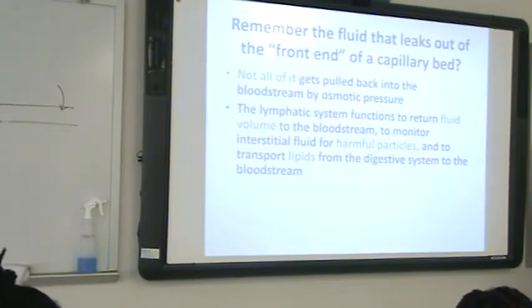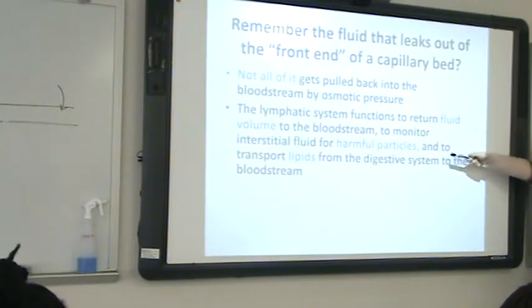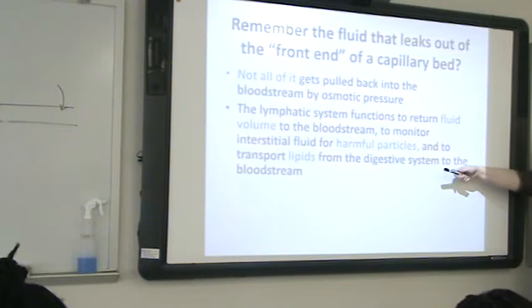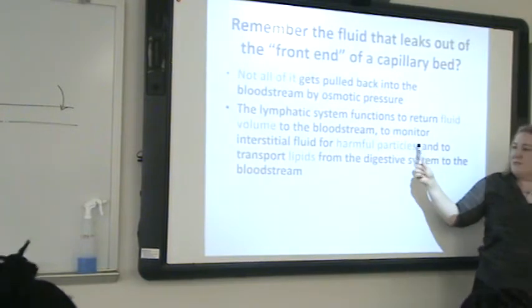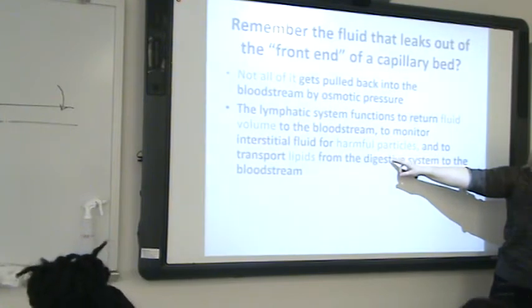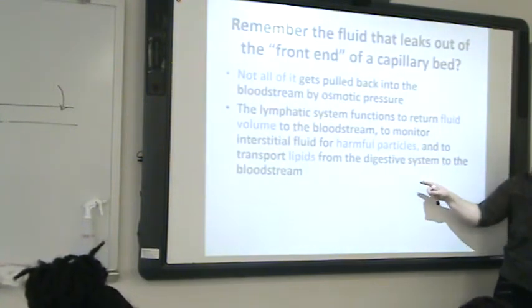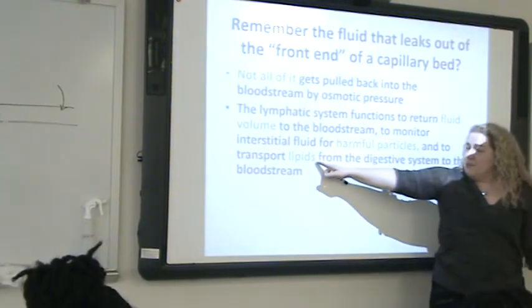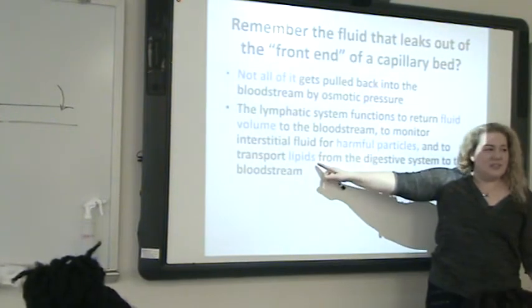It's humble. It's kind of simple, but it has 4 major jobs. Get fluid back into the blood. Sort of monitor the fluid for dangerous items that may be floating in it. That's what the second job is. And then we'll talk about this part in the digestive system.